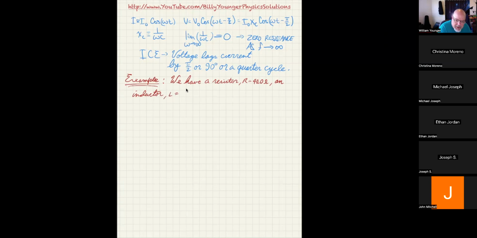L is going to be equal to, let's say, 50.0 millihenries, and a capacitor, C is going to be equal to 24.0 microfarads, in series.